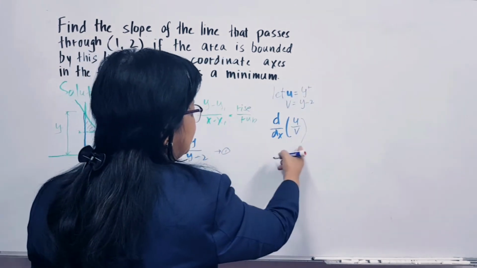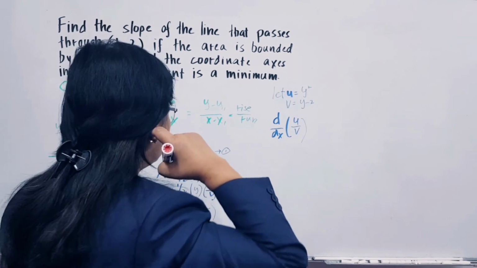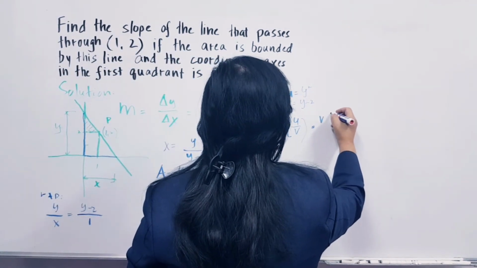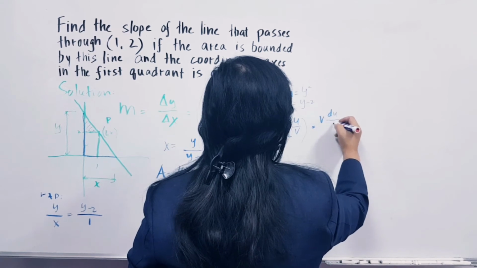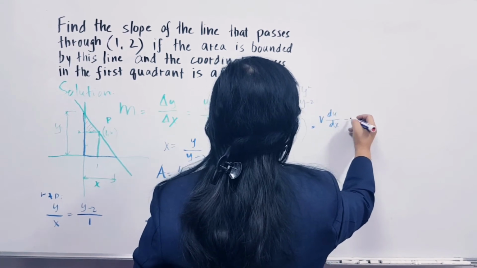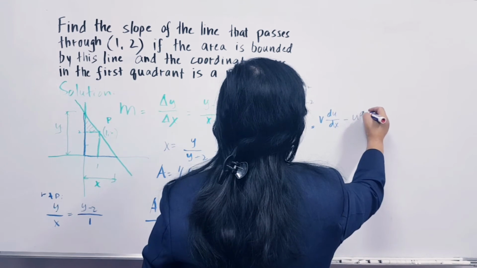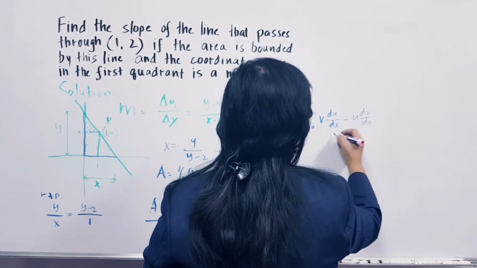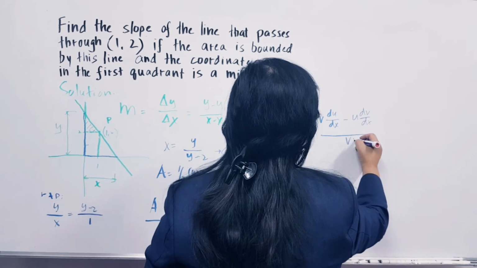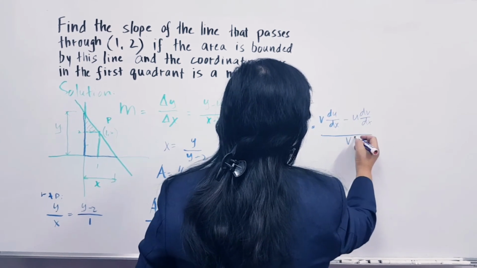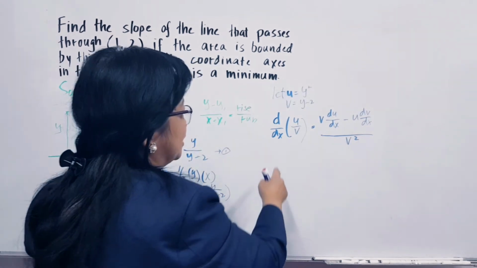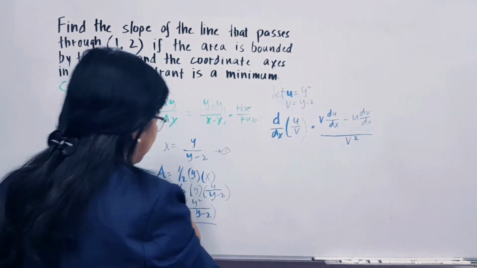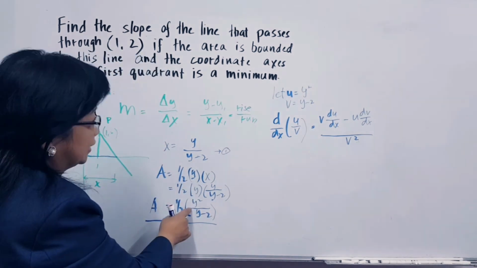The formula for this one is equal to v times the derivative of u over dx minus u times the derivative of v over dx, all over v squared. This is the formula for finding the derivatives if the form of your equation is like this.